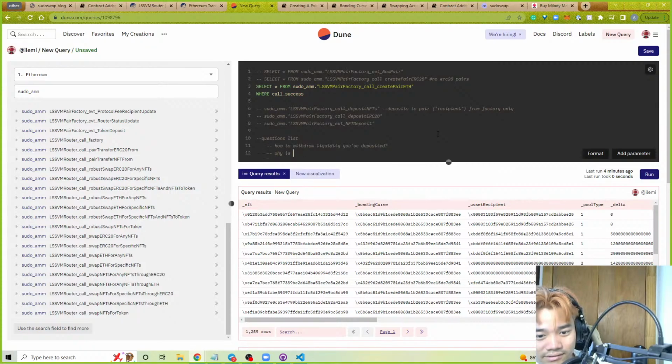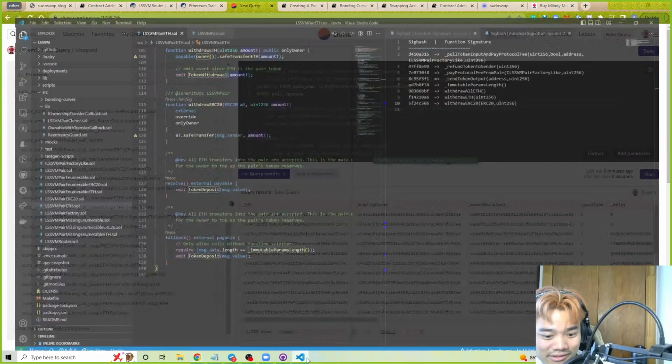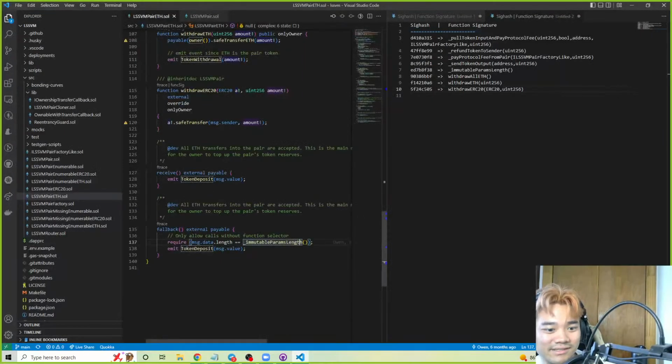Because if I've deposited NFTs into this pool and someone swapped those NFTs, the ETH is in there. How do I get my ETH? Which means deposit ETH should be owner only as well, right? Otherwise, this doesn't make sense.